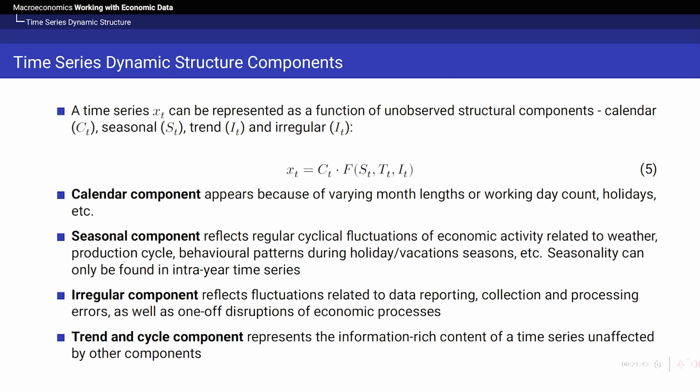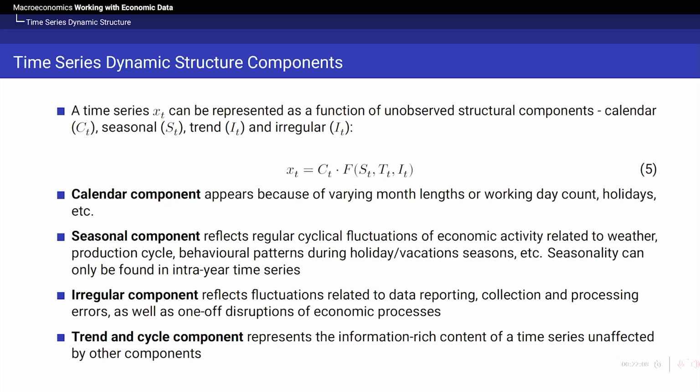It is important to understand that seasonality, by definition, cannot be discovered in time series which are measured at yearly or greater frequencies. The irregular component represents random fluctuations in reported economic activity, which can be related to one-off shocks and data manipulation or reporting mistakes.